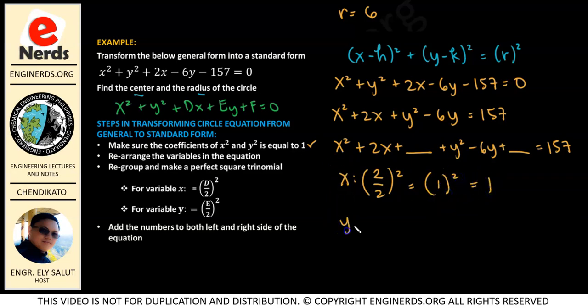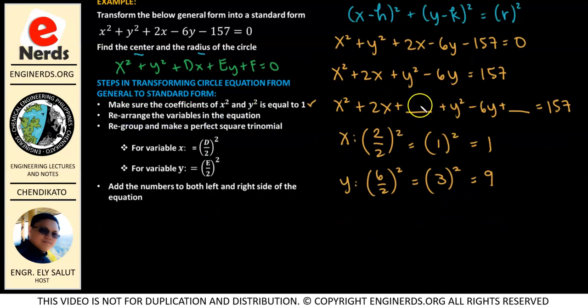So, para naman sa y, we have e divided by 2. So, ano yung e natin? Yung e is yung coefficient ng y, which is negative 6. But, we will disregard the sign. So, we will have 6 divided by 2 squared is equal to 6 divided by 2, which is 3 squared. So, 3 squared is equal to 9.